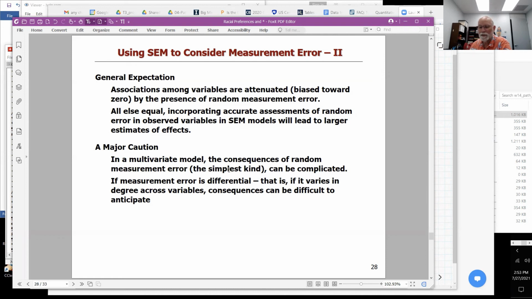If the connection is obscured by noise, your regression coefficient will move back towards zero. If you can mathematically understand the magnitude of that random error, you can use that information in SEM to achieve a correct estimate of the regression coefficient. That's a good trick. And to take that exercise seriously, you'd have to have some justification for plugging in a known value.